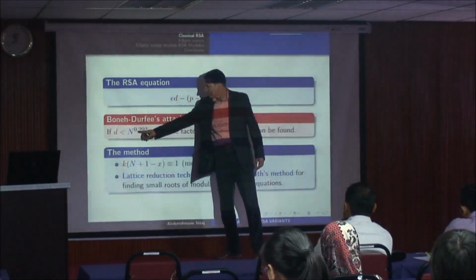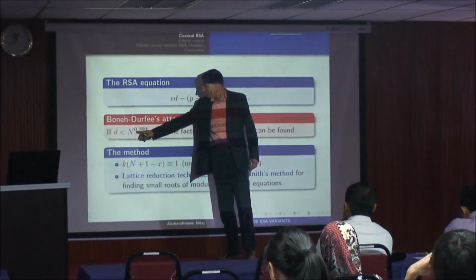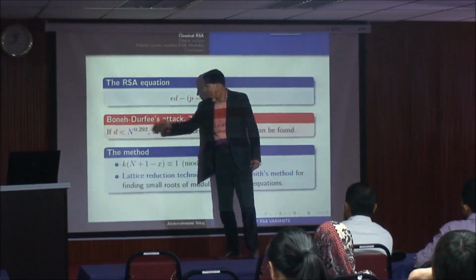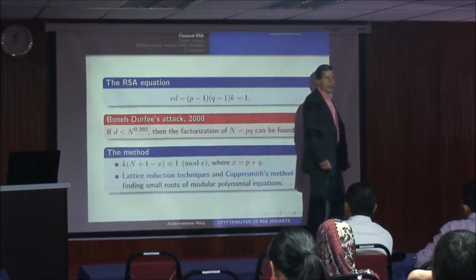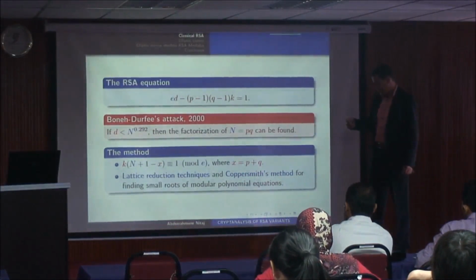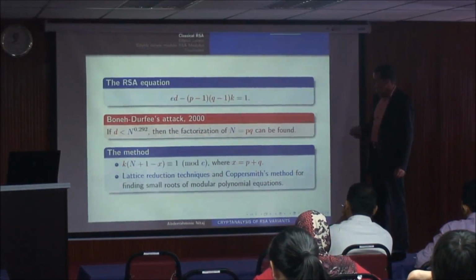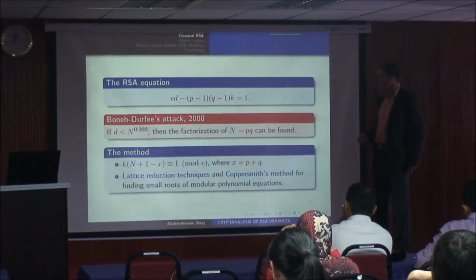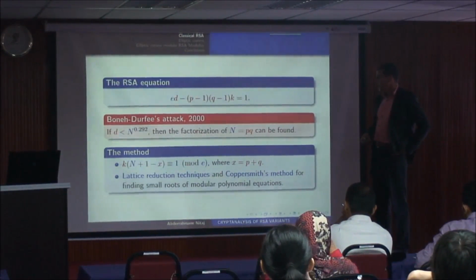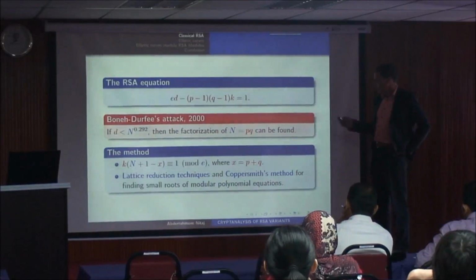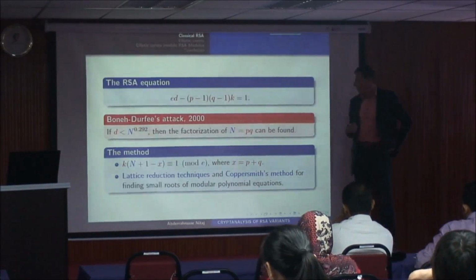In Wiener's bound, this exponent is 0.25, and this is larger than Wiener's bound. In this equation, we can solve this equation and break the system.